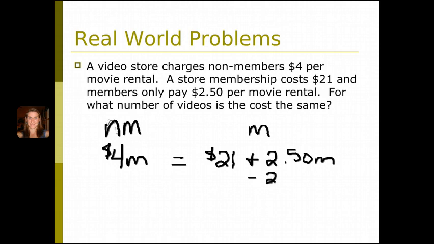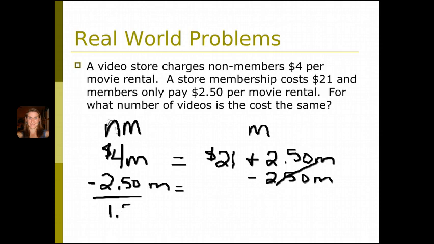Subtract 2.50M from both sides. You're left with 1.50M equals 21.